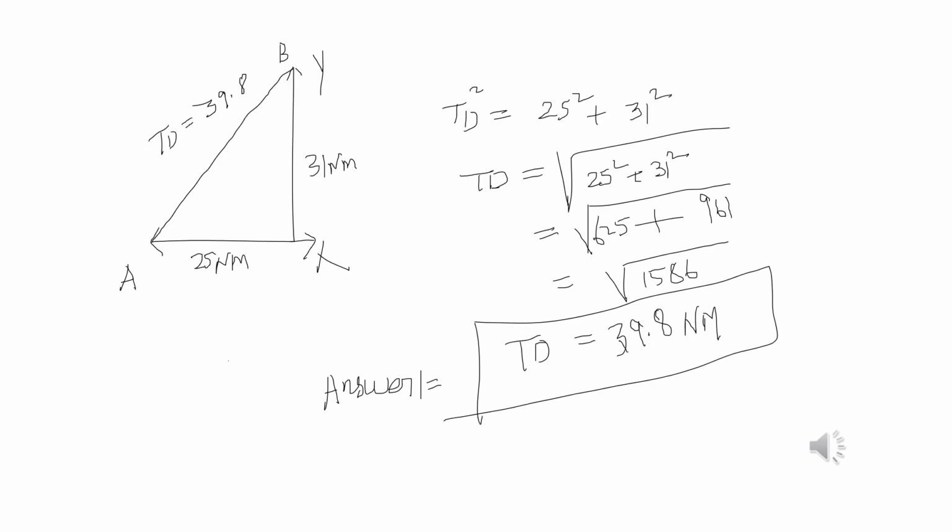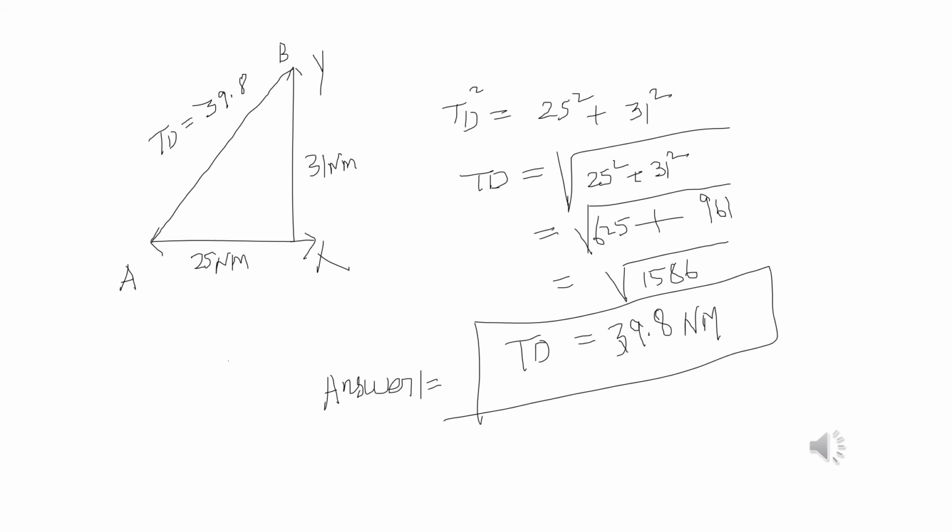Here I have again redrawn the same x-axis and y-axis distances and am applying the Pythagoras theorem to find the actual distance traveled by the flight from point A to point B. TD, as I told earlier, is the total distance. The square root of the sum of the squares of the two adjacent sides gives the hypotenuse.